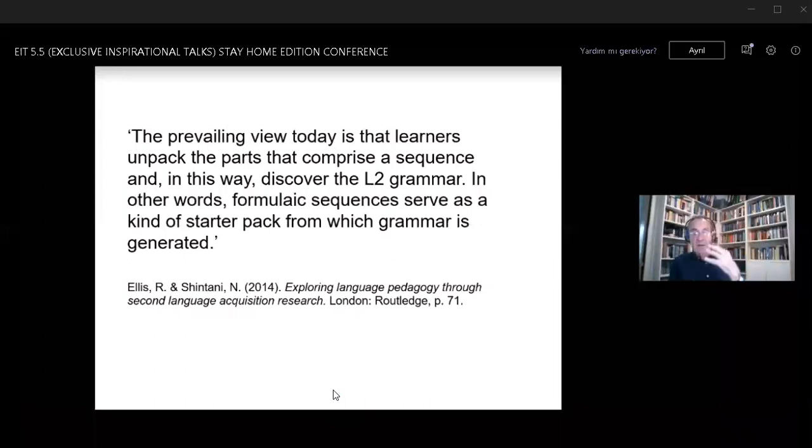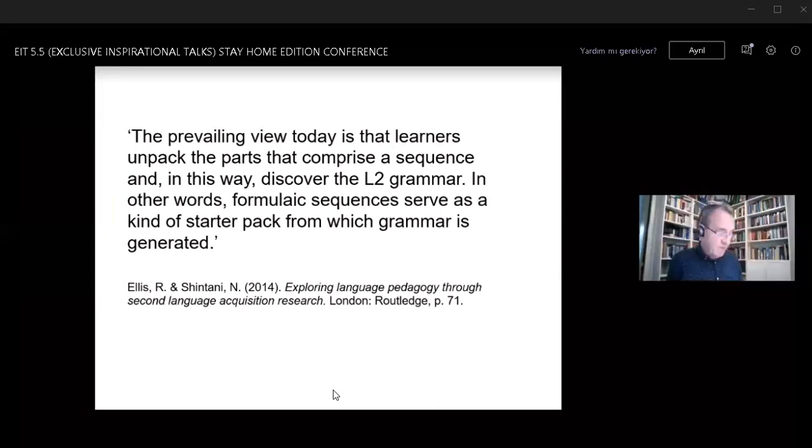The prevailing view now is that learners unpack the parts that comprise a sequence, that is a chunk. They unpack it mentally and unconsciously, and in this way discover the second language grammar. In other words, these formulaic sequences, these chunks, serve as a kind of what they call starter pack from which grammar is generated.